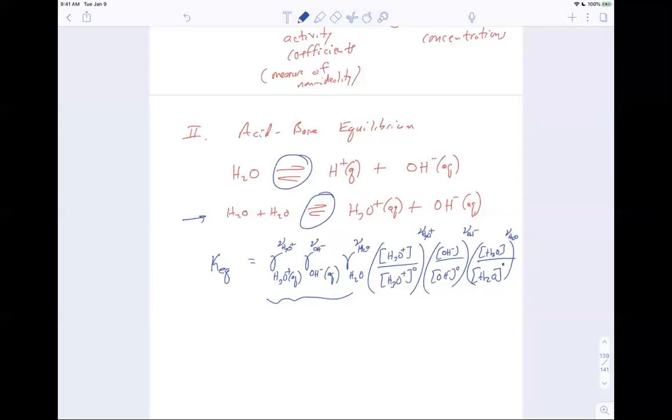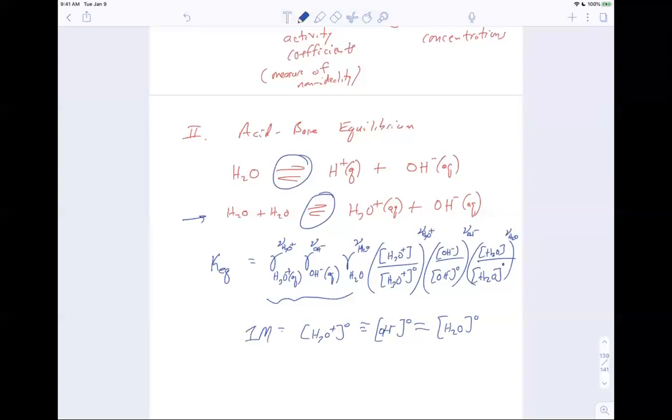That was implicit in this approach, or sometimes what you were told is that we'll just lump it in with the K and let that be another K. So oftentimes H3O plus, OH minus, and H2O in the reference state have been approximated as 1 molar.